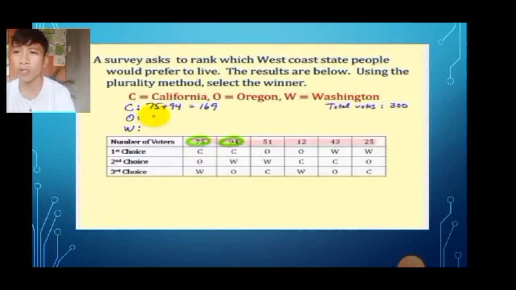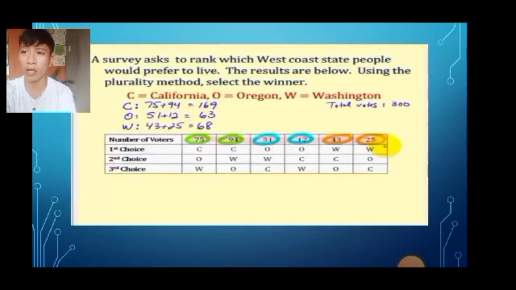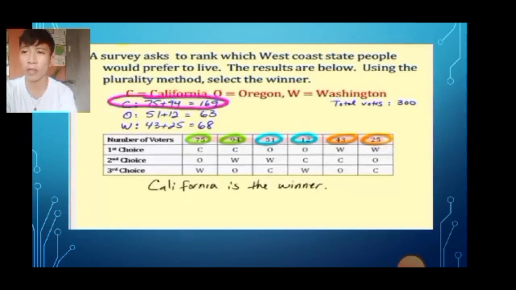The first choice votes of California are 75 plus 94 equals 169. The first choice votes of Oregon are 51 plus 12 equals 63. And the first choice votes of Washington are 43 plus 25 equals 68.